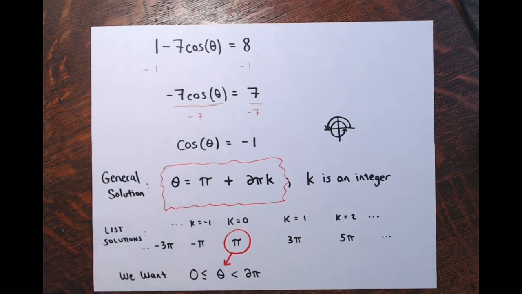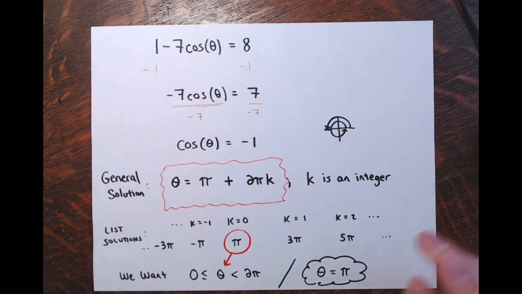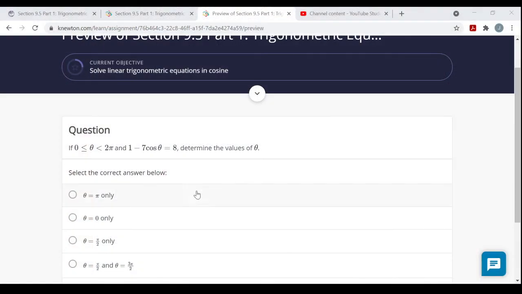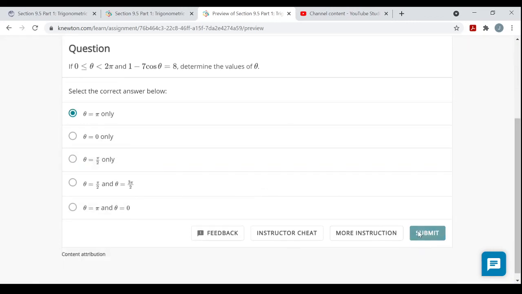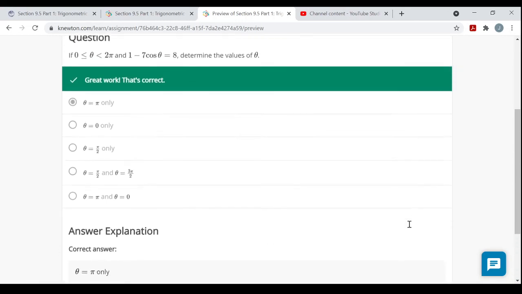So theta equals pi is the only solution we're going to be asked to find. Even though there are infinitely many more, the only one in the range they asked for is the number pi. So that's this first option, theta equals pi only.